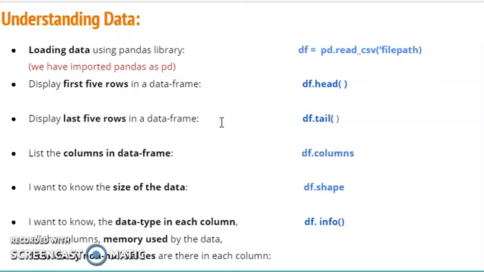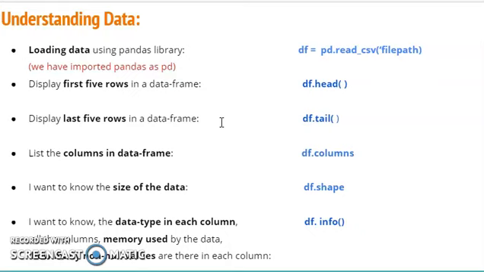So what you will do, you will first load the data using the pandas library in Python. Pandas is used for data processing, data transformation. All the things that we do to data or with data are accomplished using the pandas library of Python. So display the first 5 rows.